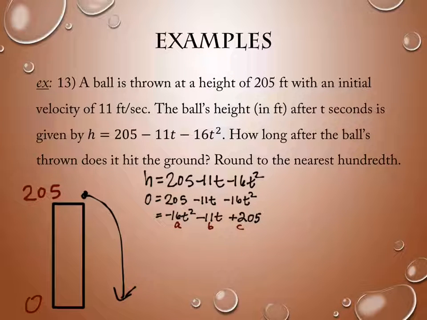All right, so let's take a look at the quadratic formula. I keep saying the wrong thing. So this is x equals negative b. What's b in our problem? Negative 11. So this is 11 plus or minus the square root of b squared, so that's negative 11 squared, minus 4 times a, which is negative 16, times c, which is 205, all over 2 times a, and a is negative 16.